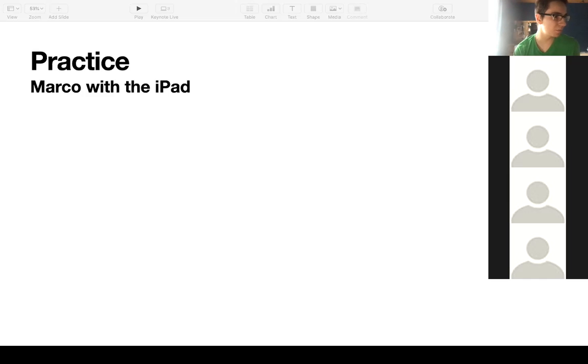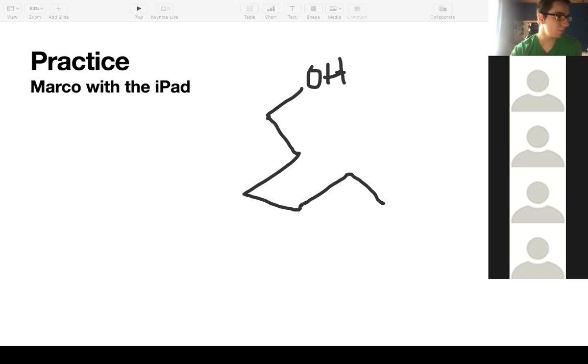So let's go over number 6 real quick on page 76 of your workbook. I'll try my best to recreate it. So we kind of got an OH going on up here, connected to a zig, zag, zig, zag, zig, that goes straight down, branches off like this, and like that.